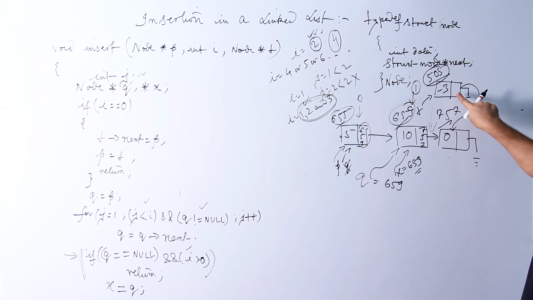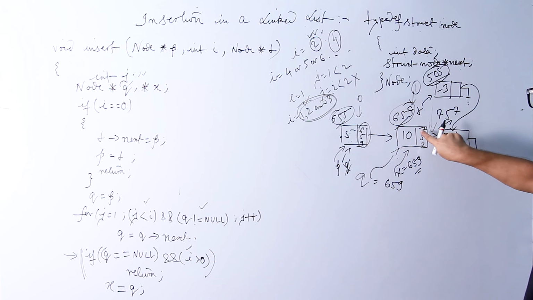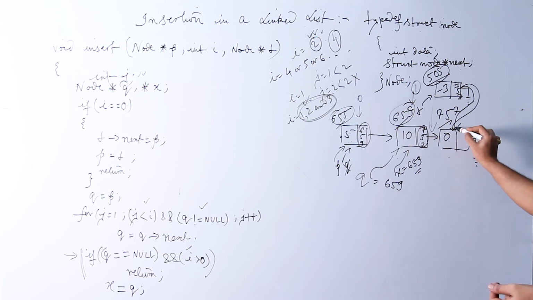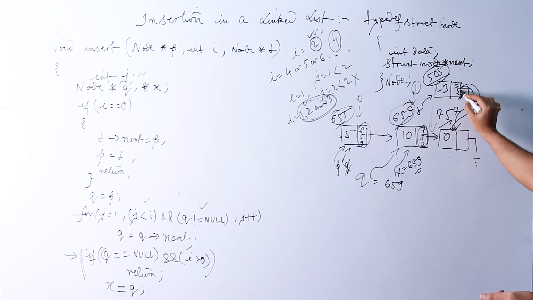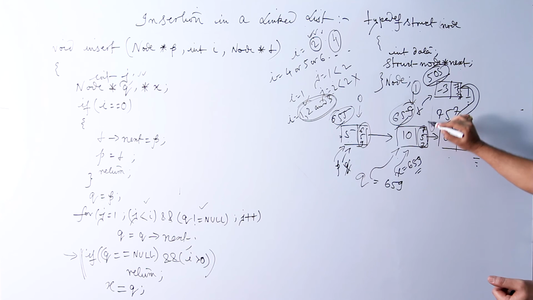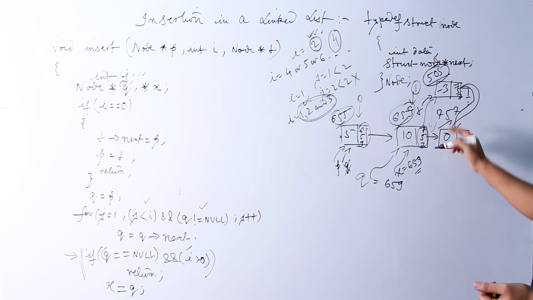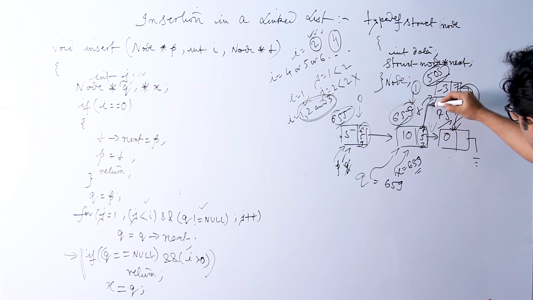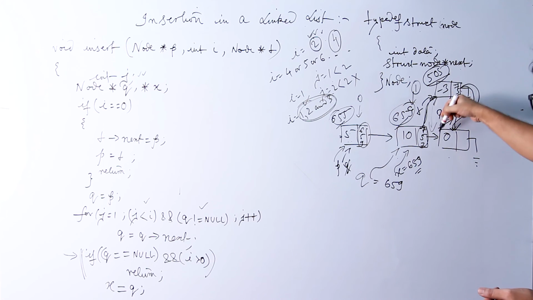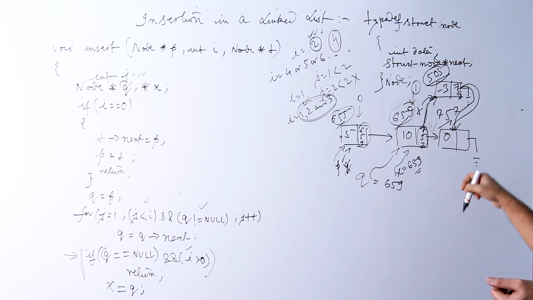So T next will be nothing but X next, that is 757 will be written over here, so that this null pointer is going to cease to remain a null pointer, and it will just point to this 757 memory location. So 757 comes over here, and then after that we will go on to update this X next value to be pointing to T. So in this way, see this, the linked list is pointing to this node, this node is pointing to this node and this node is pointing to this node. So it is inserted logically in between these two nodes.